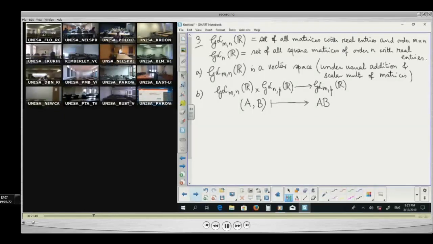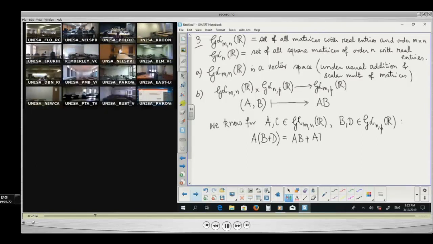That means we know for m cross n matrices A and C, and n cross p matrices B and D, that A times (B plus D) is equal to AB plus AD, as well as (A plus C) times B is AB plus CB.